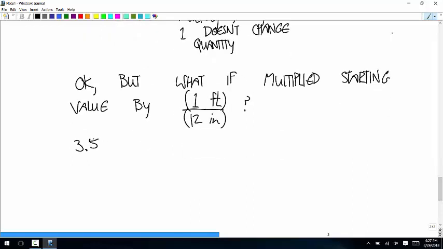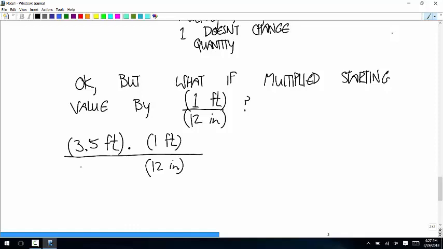So we start with 3.5 feet. And then we multiply that by 1 foot over 12 inches. Now nothing cancels. You have 3.5 times 1 divided by 12, and the units are feet squared over inches. That comes out to be 0.2916 repeating. Feet times feet, or feet squared, over inches.